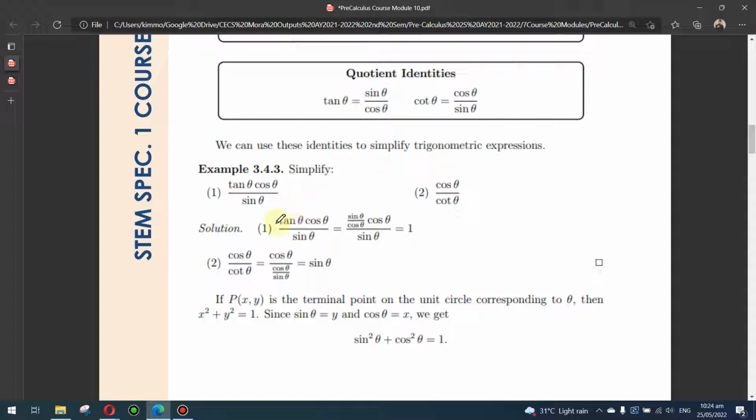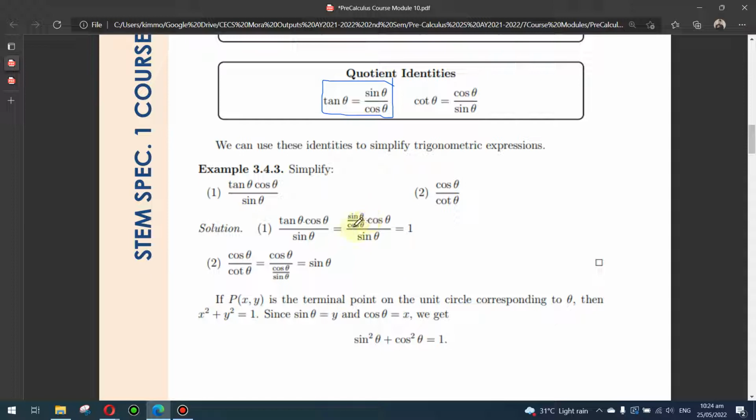Using the quotient identity, tangent is equivalent to sine over cosine, and the rest stays as is. So this is multiplication: tangent times cosine becomes sine over cosine times cosine over sine.